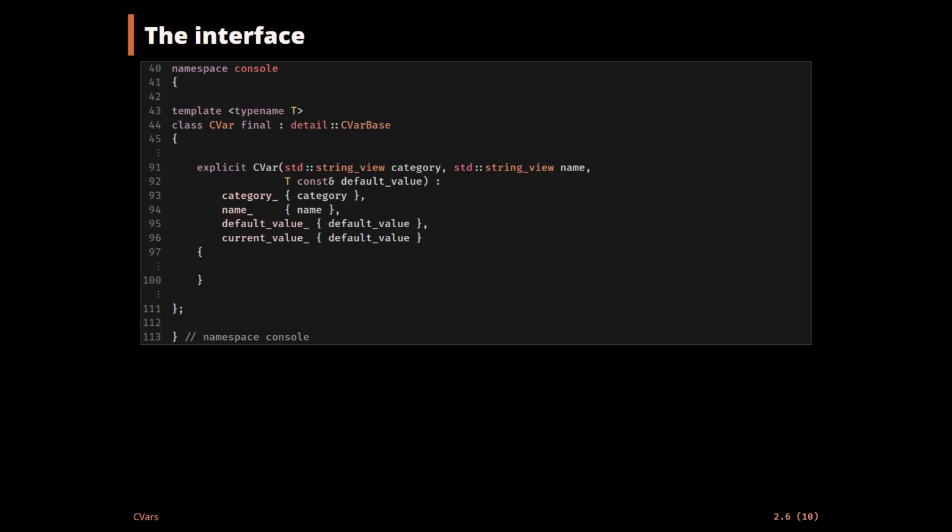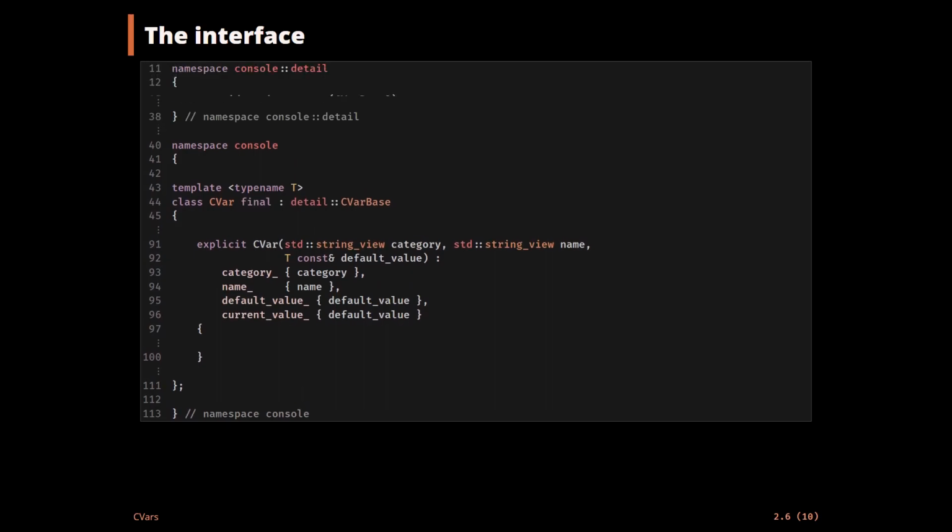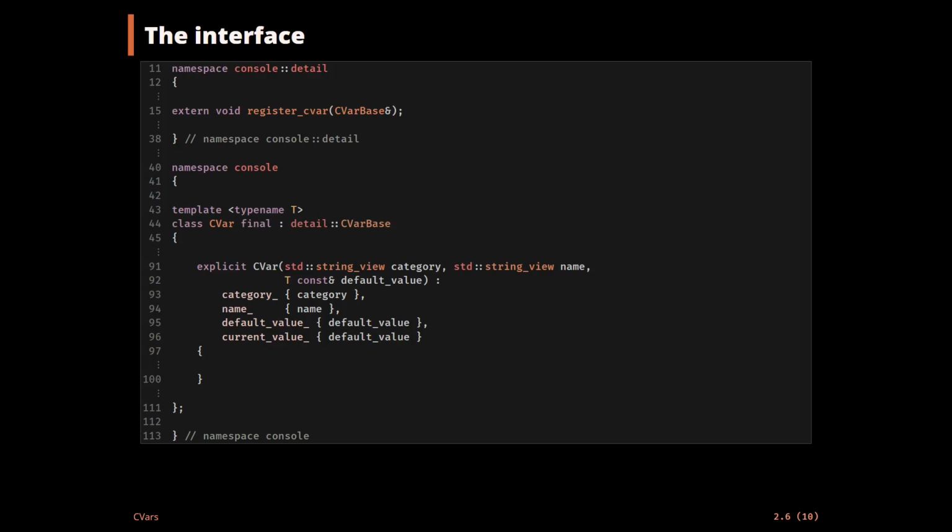And then the constructor. There's something more we have to do in here, which is whenever we create a CVar, we want to be able to inform our system that we've created a CVar. So we create this function, register CVar, and it takes a reference to a CVar base. We'll implement register CVar, and we can then just store it somewhere so that anytime we want to load all the CVars, we have a list of all the CVars that are in our program.